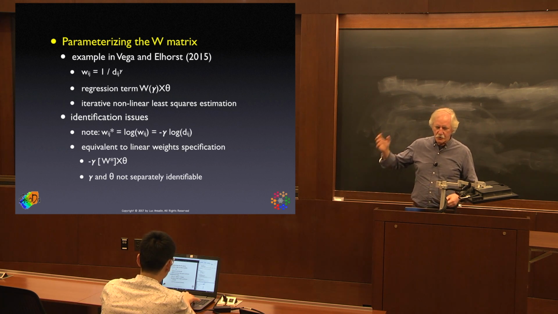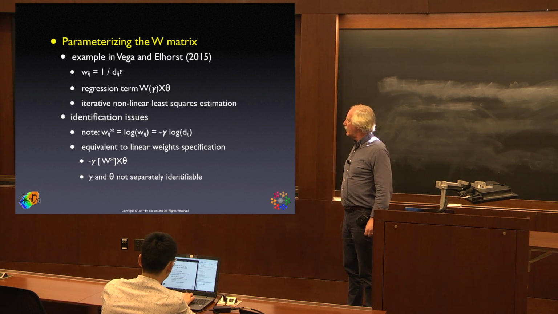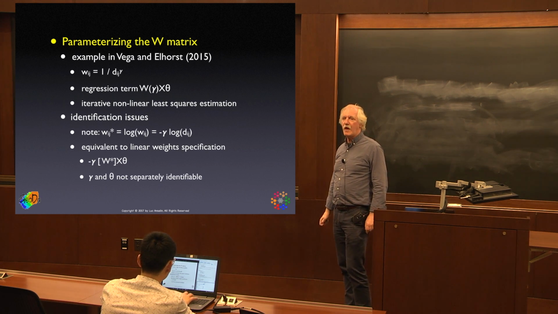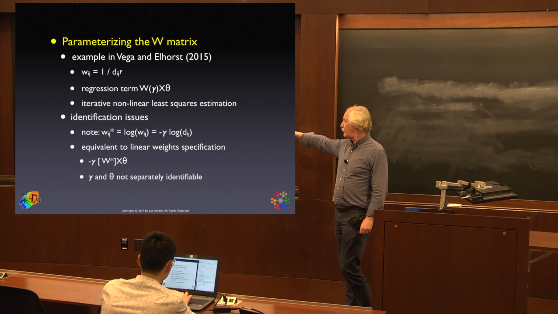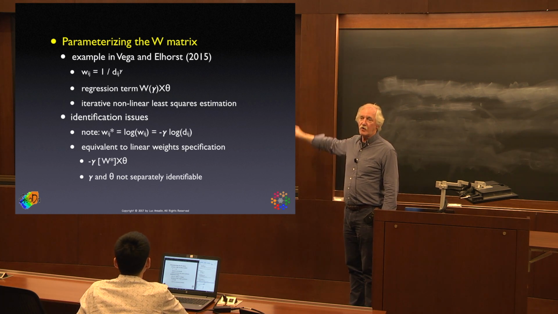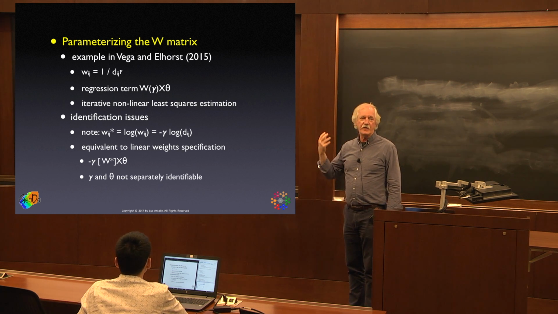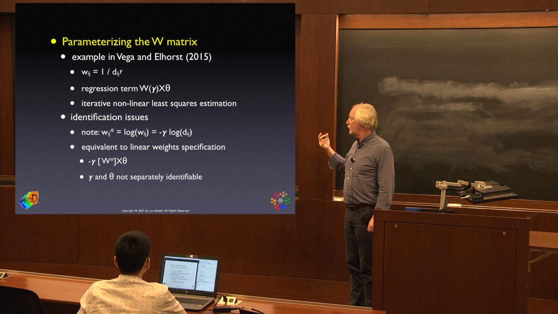And in fact, just for fun, if you keep this weights matrix with its parameter, but you take its log, then what you end up with is negative gamma times the log of d_ij. And the log of d_ij is just like a fixed weight. It's no longer parameterized, it's now fixed. So now you end up with something that looks like that.